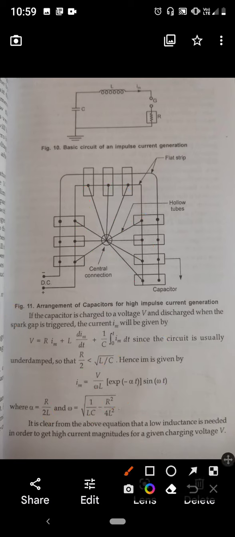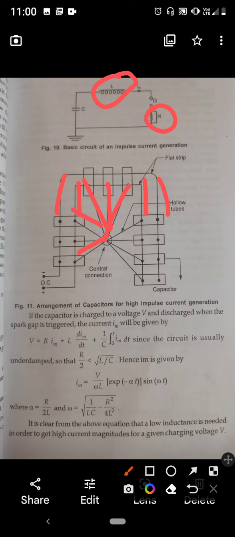Okay, and the flat strip acts as a resistance, which is mentioned in the circuit diagram. So when the capacitor is charged through the 200 kilovolt DC, all the charge accumulated on the capacitors is discharged through the hollow tubes and the test resistance.